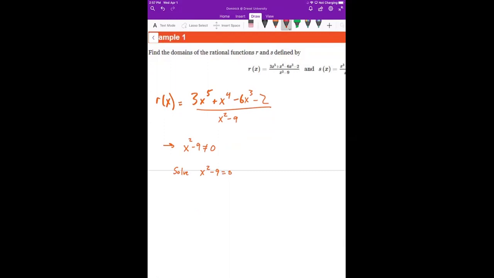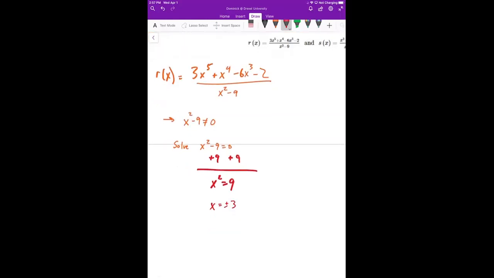Well, of course, we could add the 9 to both sides, and then we get x squared is equal to 9. So once we take the square root, we're going to get x is plus or minus 3. Right, so those would be bad x values, so my domain would be everything but those. Right, so I have minus 3, I have plus 3, I have an open circle on each, and I want everything else.